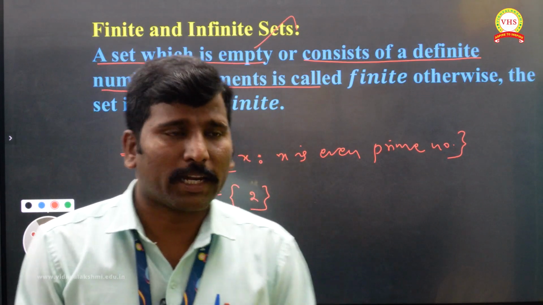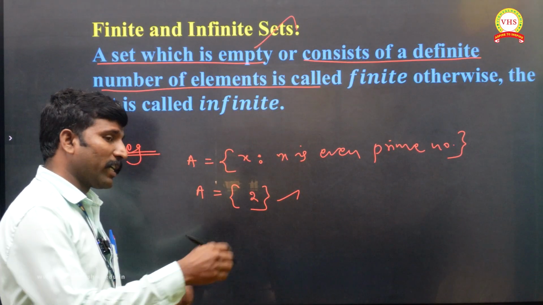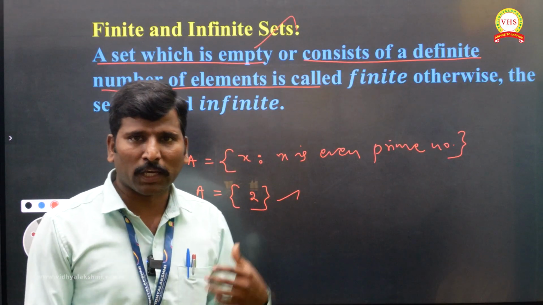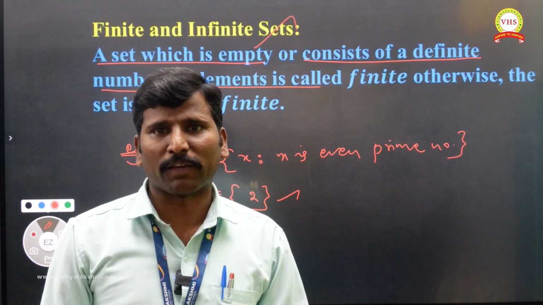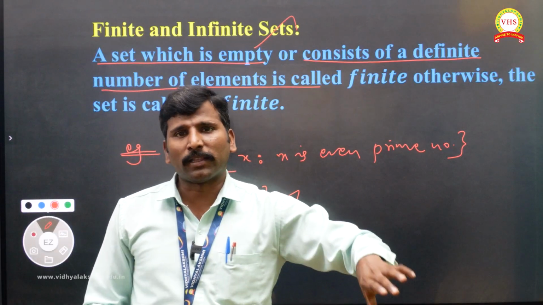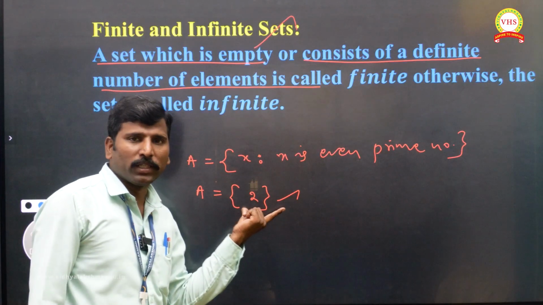Understand? So this is the finite set. Like the last example I gave for the empty set, number 7 when you throw a die, that is also a finite set. And here number 2 is a finite set.